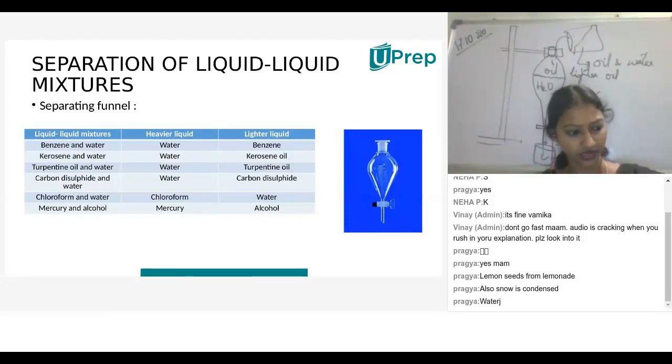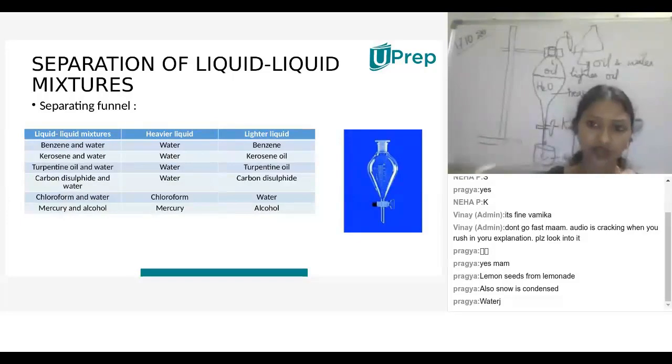Yeah, definitely. Then if we remove water, we will get oil, right? Yeah, simple. So that is known as separation funnel, right? That process is not a separating funnel. Even the apparatus is also a separating funnel. Separating funnel technique. Is it clarified?